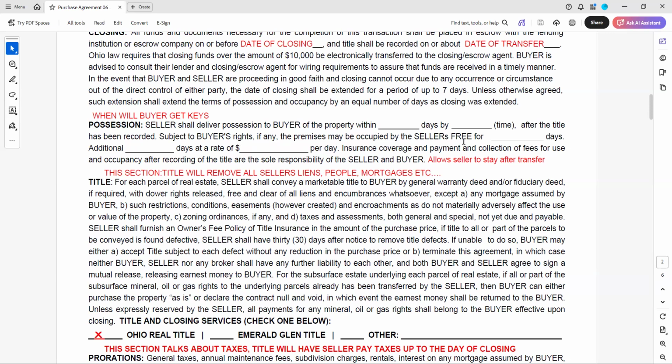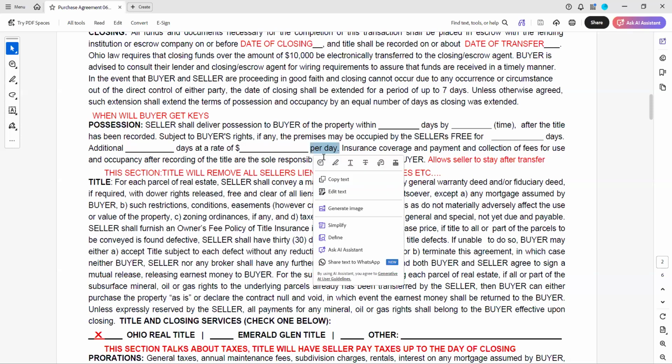If the buyer is going to allow the seller to stay on the property for an extra day or two, you could put the days there in this section here. If they want to stay for an additional week, you could put 7 days here and then at a rate of something per day.